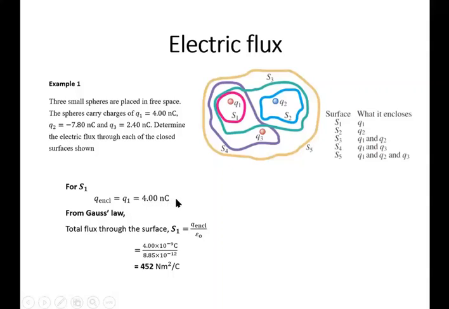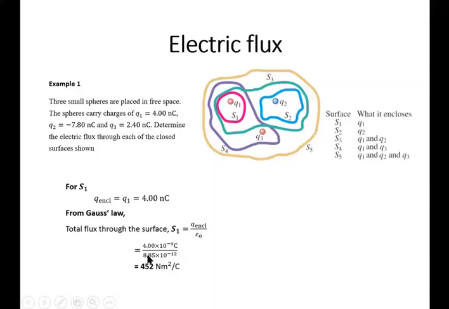From Gauss law, the total flux through the surface S1 is equal to the charge enclosed within the surface divided by epsilon naught. What is the charge enclosed within S1? If you draw S1, it just encloses charge Q1. We put that charge there and divide it by epsilon naught.